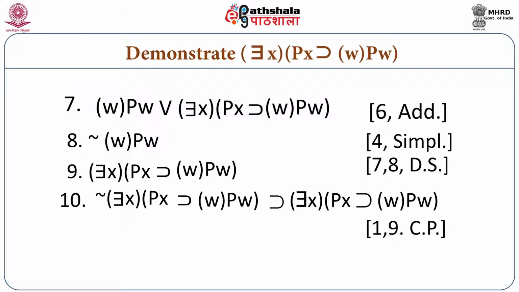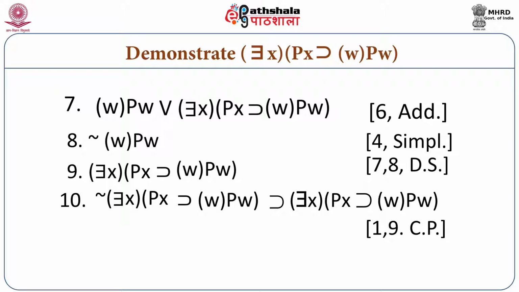Step number 8: by applying the rule of simplification on step number 4, we get 8, which is: it is not the case that for all w, w p. Now from steps 7 and 8, by disjunctive syllogism, we have step number 9, that is: there is an x such that if x is p, then for all w, w p.